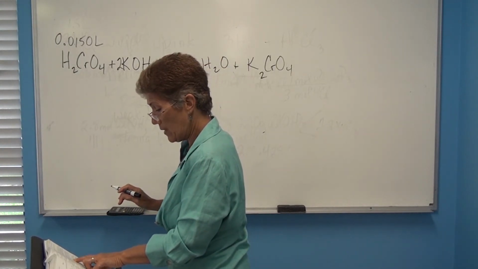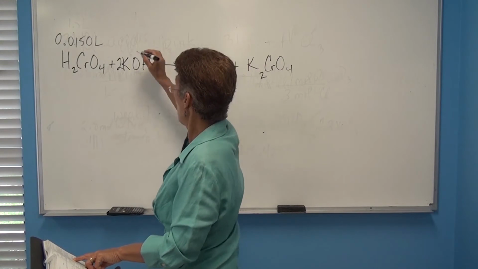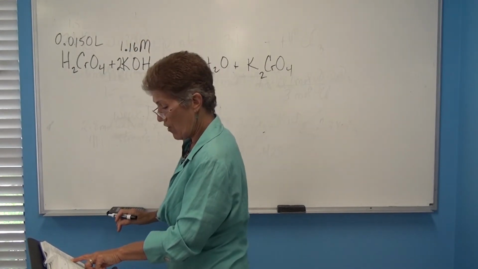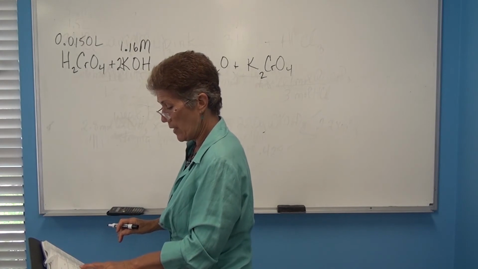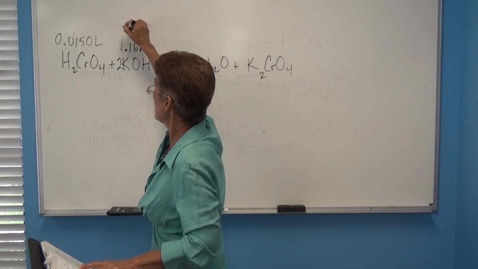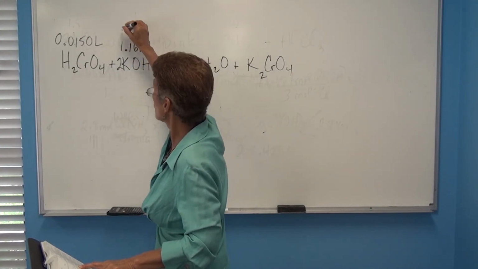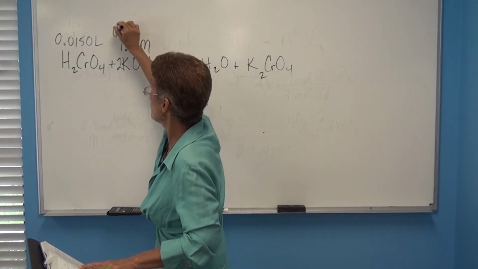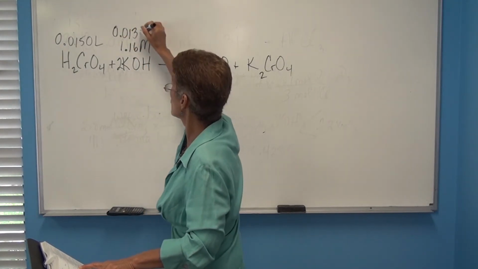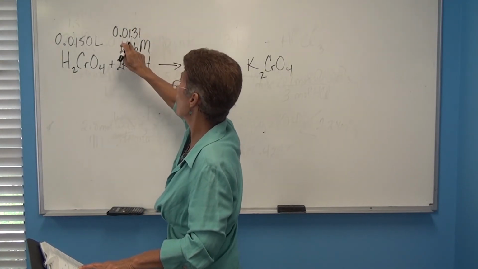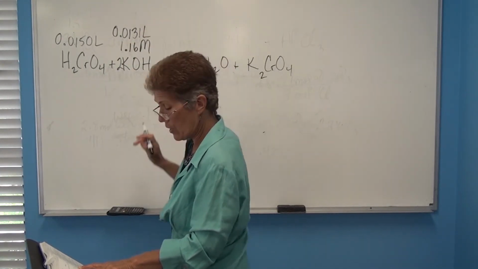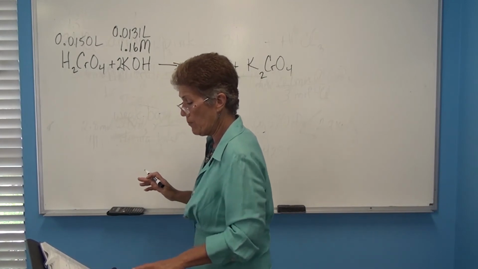We titrated with a 1.16 molar solution of potassium hydroxide. It takes, once again, I'm going to put this in liters. It's 13.1 mils, so I'm going to move the decimal place back by 3, so it's going to give me 0.0131. That way I've moved it back the 3 places, liters. That's how much it took to reach the end point.